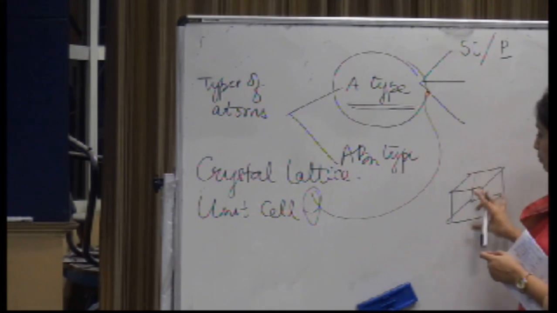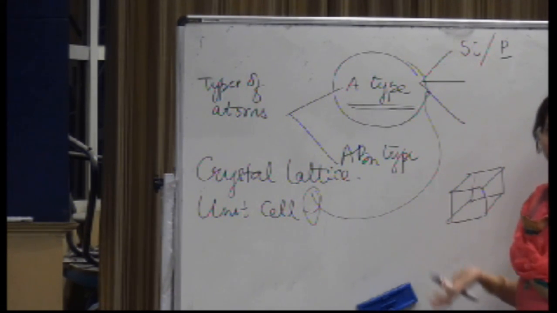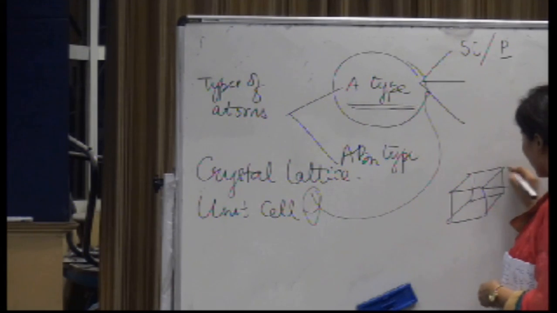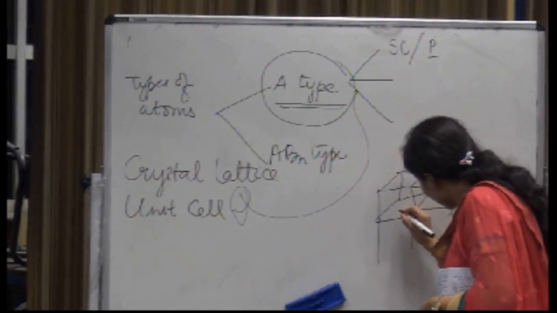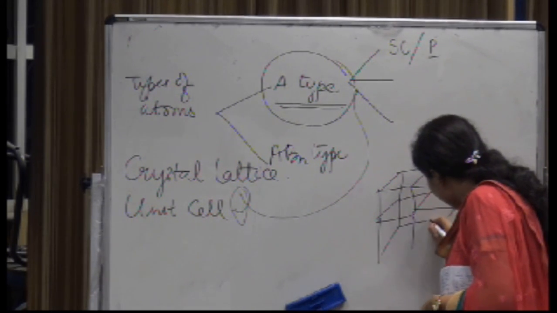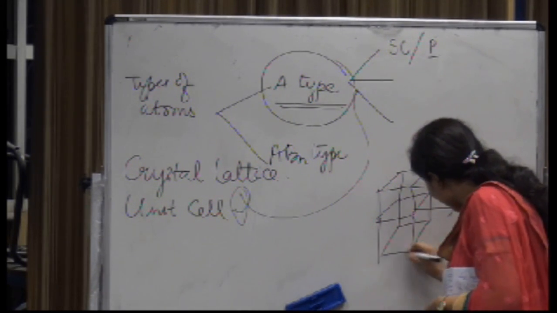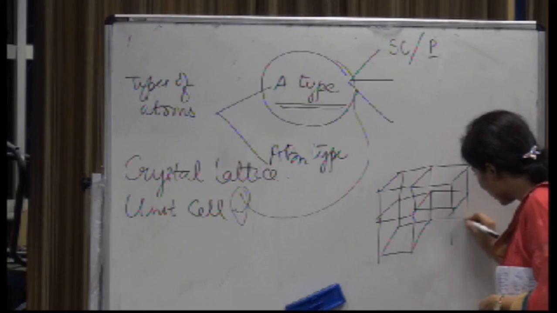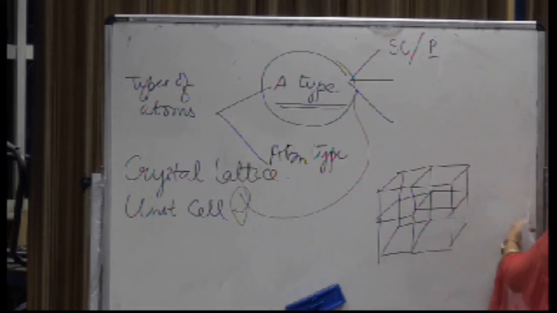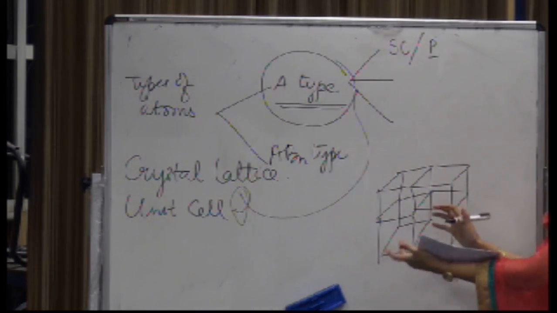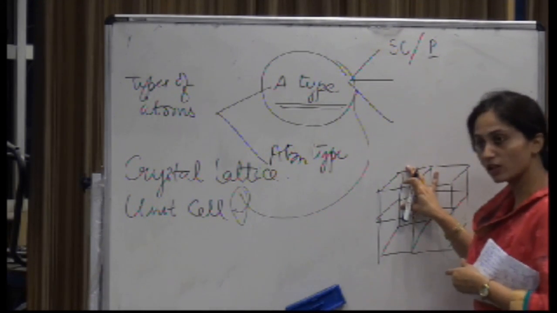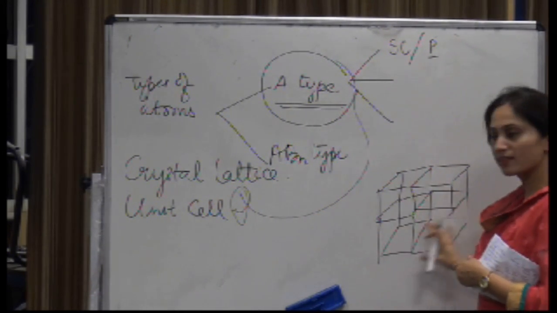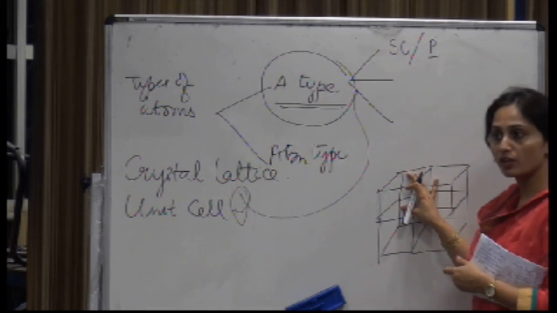If I put boxes here, there, everywhere, it becomes a lattice. I'm bad at drawing, so I don't know whether I will be able to get it. Is it coming? Yes. Thank you. So if I put more on top, on the left, on the right, it becomes a lattice. But if I talk only about one particular part of it, which when repeated gives you the lattice, that is your unit cell.